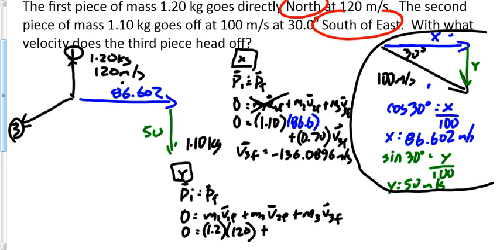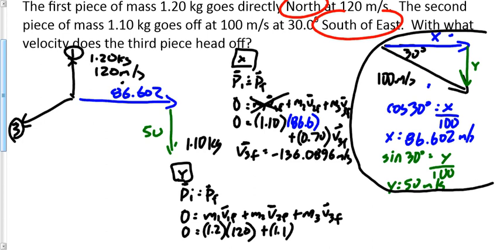M2 is 1.1. Now what's V2F? Remember, y component here. How much of that 100 is on the y-axis? We're not using 100, right? Because it's dead to us. How much of it's on the y-axis? 50.